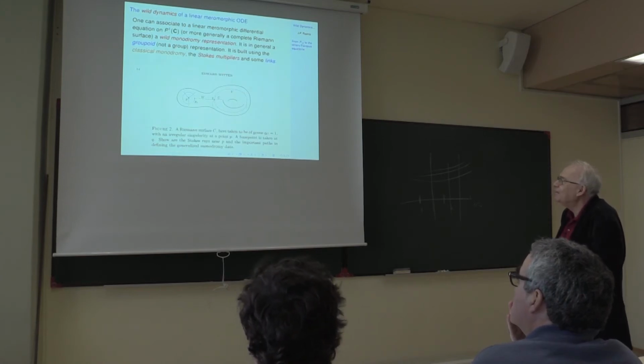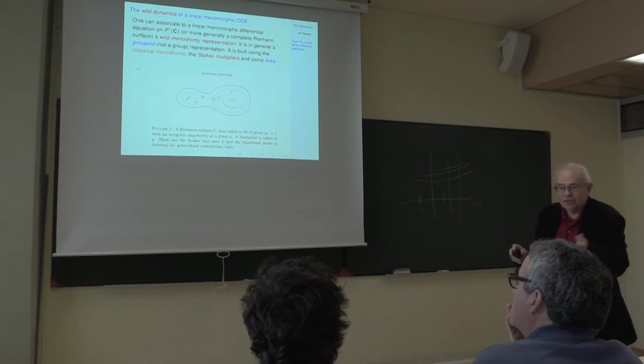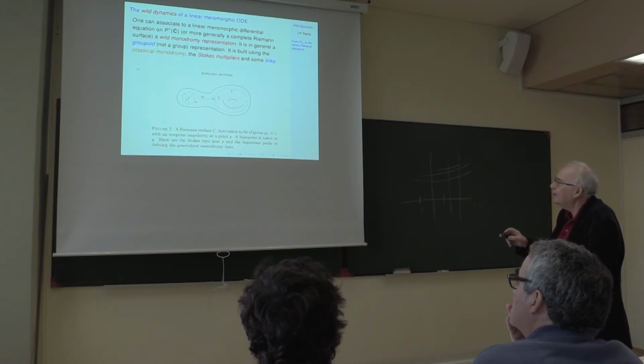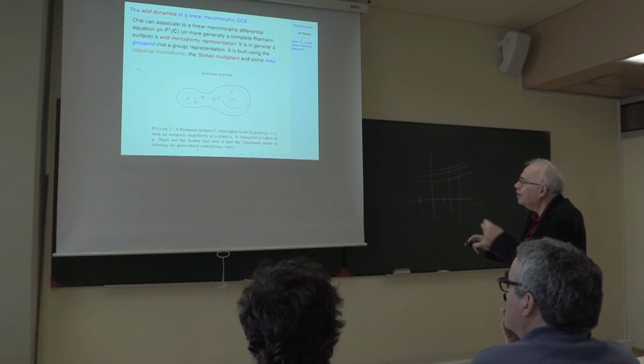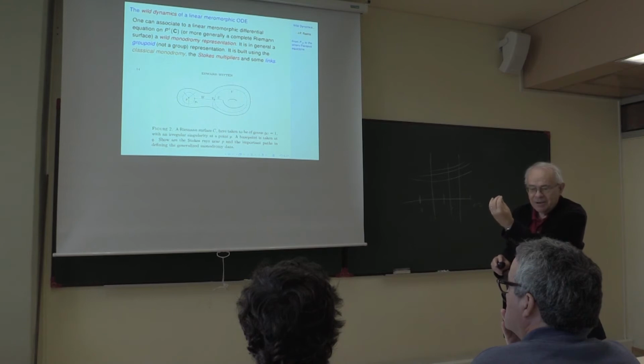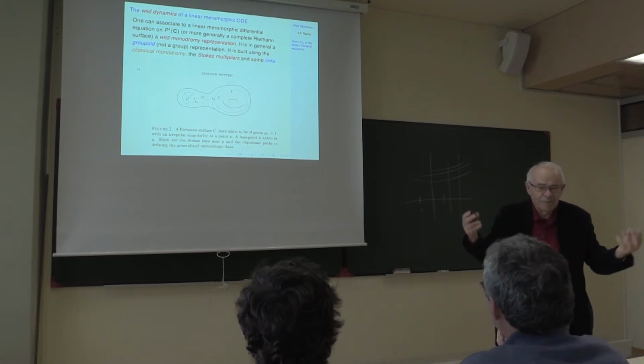I recall briefly the wild dynamic of linear meromorphic ordinary differential equations. It's general, it's not only for P1. This picture is for a torus, coming from a paper of Witten. So in general, you have singular points like that, and in general, you have essential singularities. At each singularity, you add to the monodromy the Stokes multipliers in some sense. And you do that at each singular point.